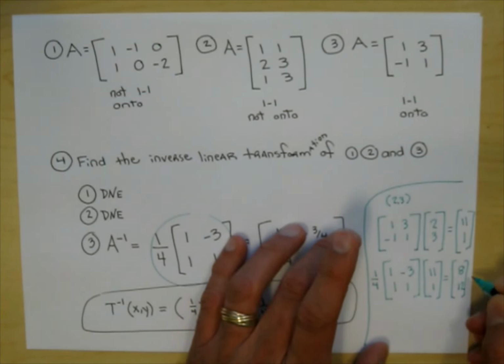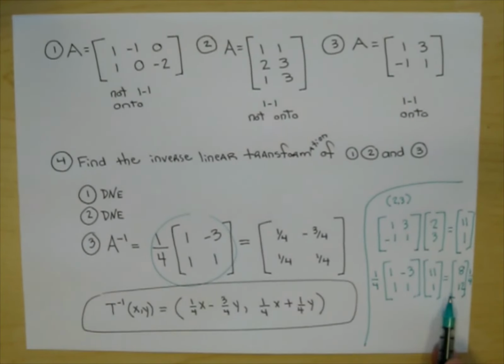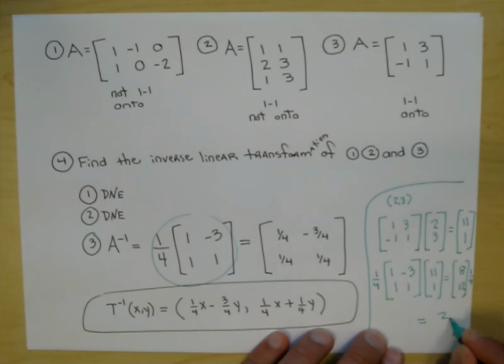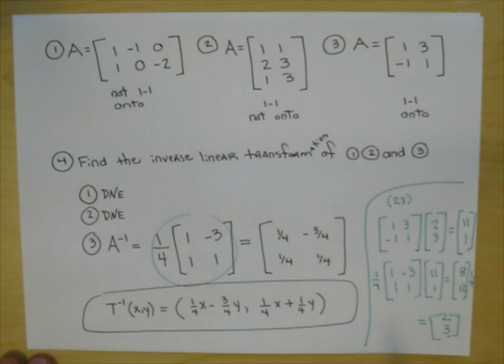But of course, I forgot to put the 1/4, and I'll put it over on that side. 1/4 times 8 is 2, and 1/4 times 12 is 3. So we've just sent that vector (11, 1) back. And this is really applicable to cryptography because when you encrypt something, the hope is that you can decrypt it. And so sometimes you'll use linear transformations.